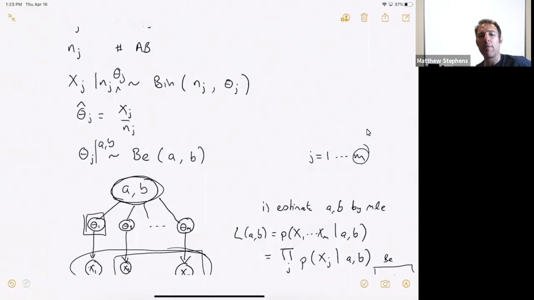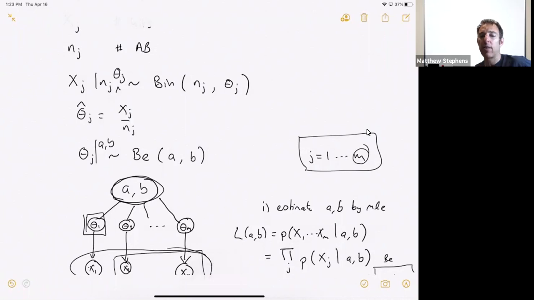So you have a pretty large amount of information about A and B, and your uncertainty in an individual's batting average, particularly one who's only been at bat once or twice, is driven primarily by the fact that you don't have much data on that particular individual, not by the fact that A and B are uncertain. You have a lot of data to estimate A and B because you're using all the players. Now, in some settings, M might be small, and then you might be more worried about that situation.